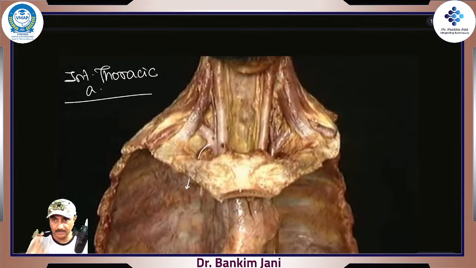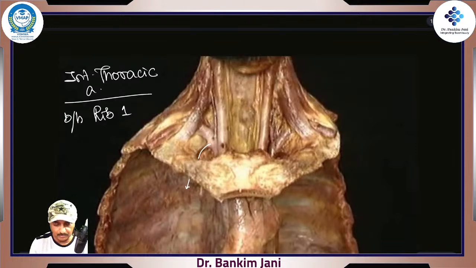The internal thoracic artery is passing just behind rib 1. It will be going inside the thorax, and it is behind rib 1. That is first.